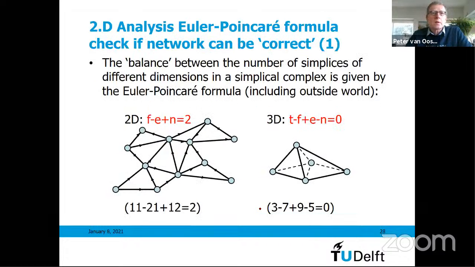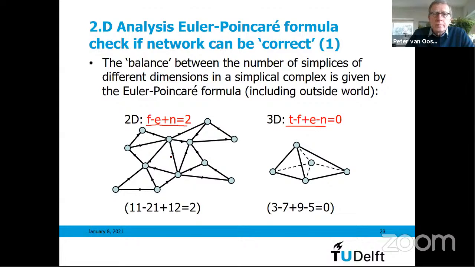Okay, we can do some interesting computations based on this theory. And a very magical formula called the Euler-Poincaré formula is that if you do this kind of alternate summing, so here faces minus edges plus nodes, this is the number of faces minus the number of edges plus the number of nodes is always 2 if it's the correct simplicial complex.